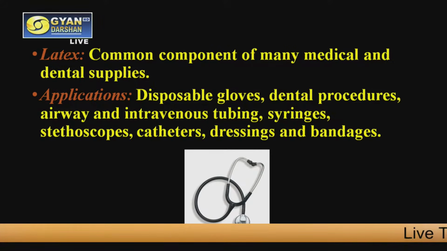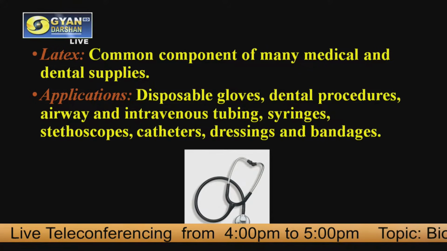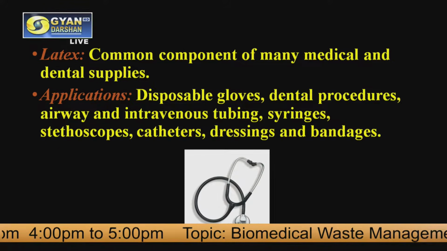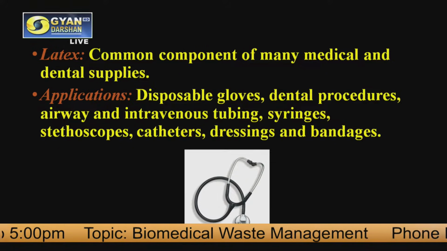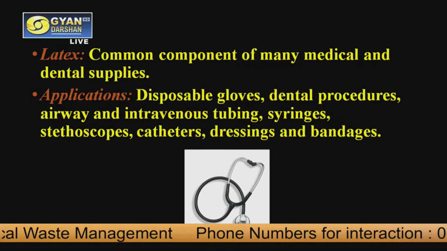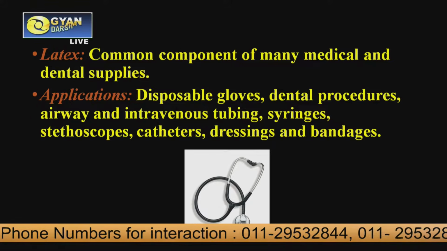It's a common component of many medical and dental supplies, and we use it in disposable gloves, in dental procedures, in certain airway and intravenous tubing, in syringes, in stethoscopes, in catheters, in dressings and also in bandages. So latex is being used in several applications of medical and diagnostic things.